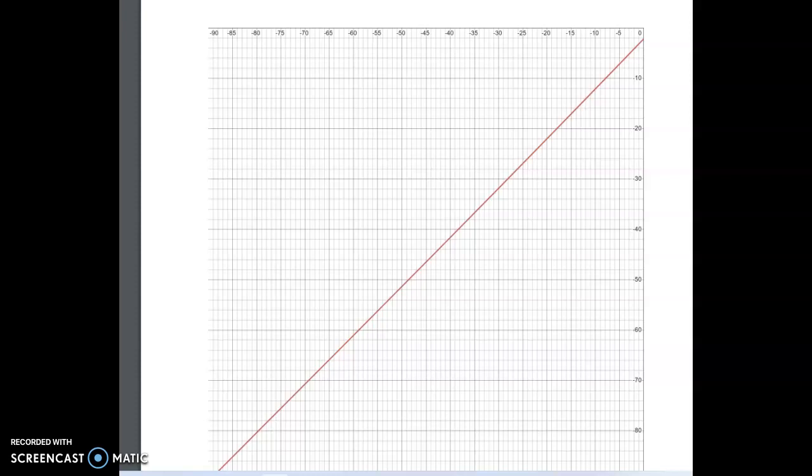So in this case, the moon is on 35. It's 30 longitude, 5 latitude.